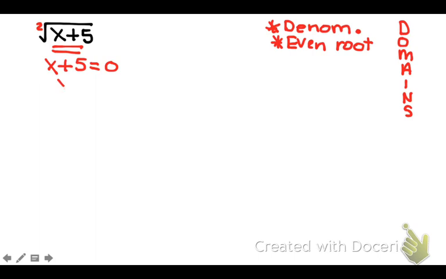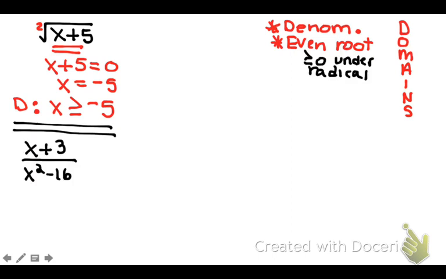Subtract 5 from both sides. X equals negative 5. So our domain for this particular example, x has to be greater than or equal to negative 5. Any value that's less than that is going to create a value that's not greater than or equal to 0, and it has to be greater than or equal to 0 underneath the radical.